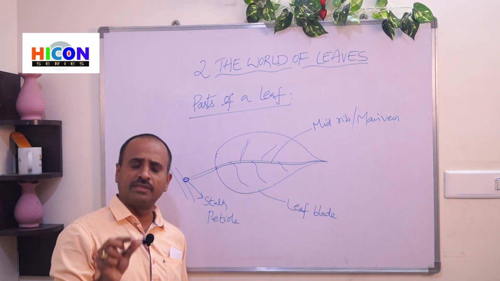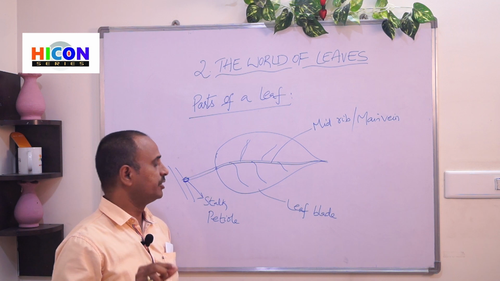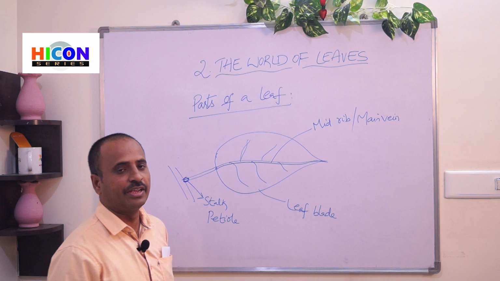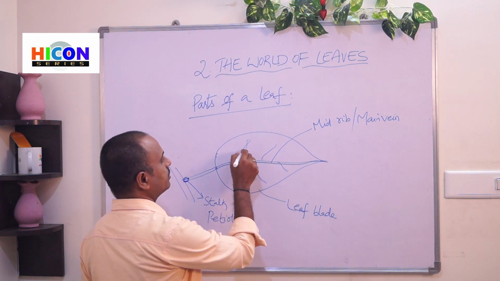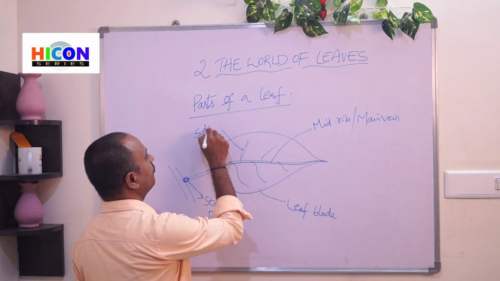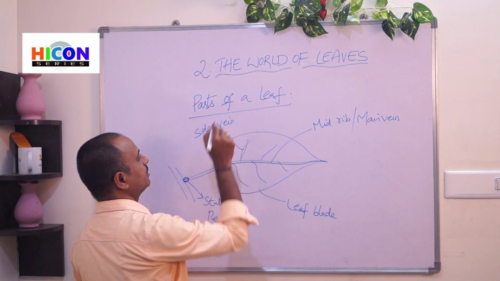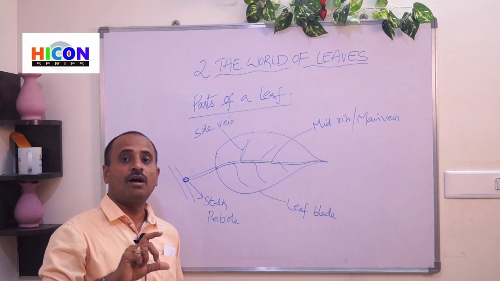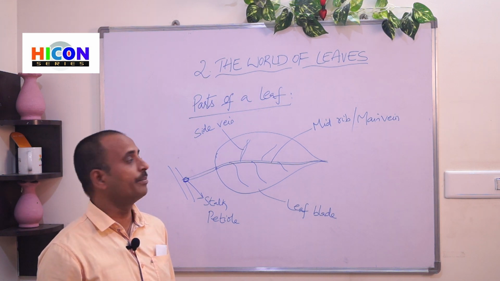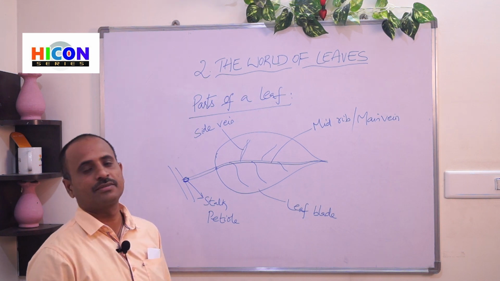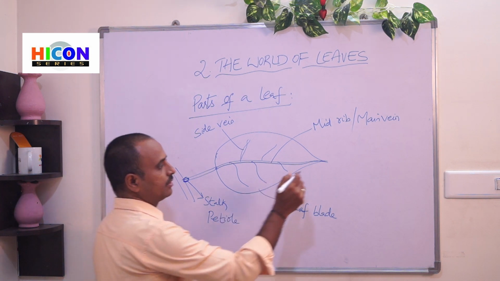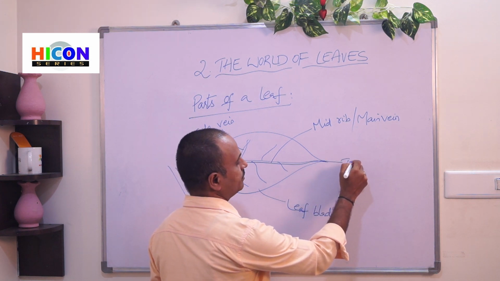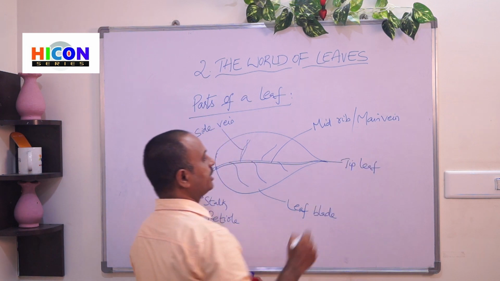And there are some thin tubes which grow on both sides of the main vein, called side veins or venules. And the top part is called the tip of the leaf.